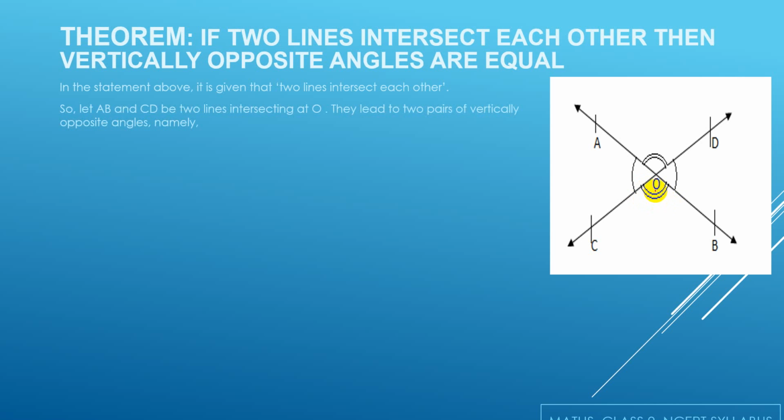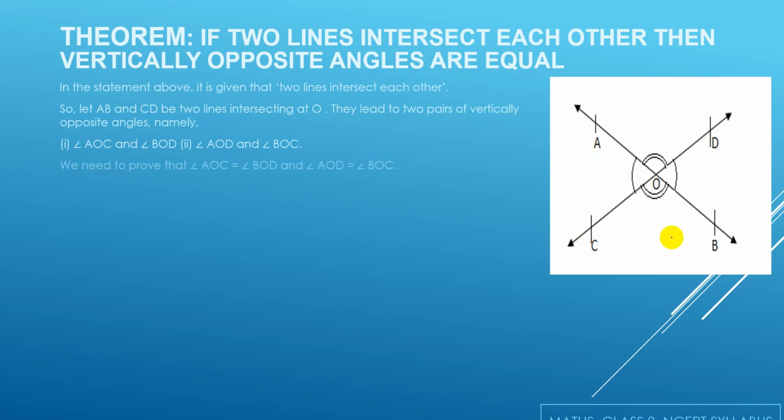Here, we can see that AB and CD are two lines which are intersecting each other at O. I want to prove that angle AOD is equal to the vertically opposite angle COB, and angle AOC is equal to angle DOB.